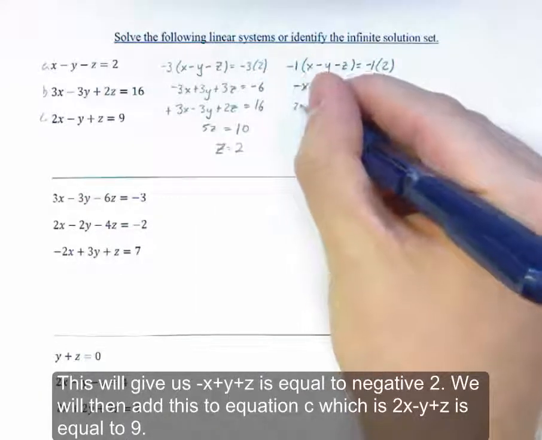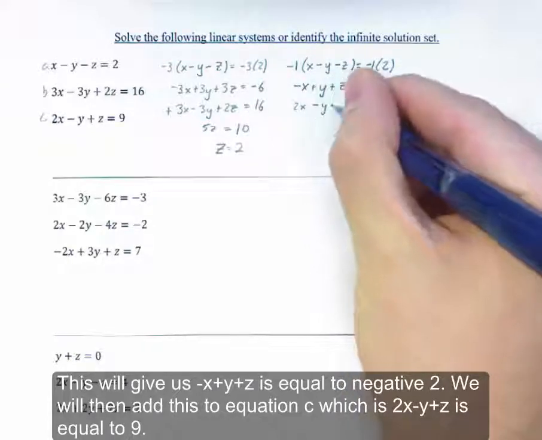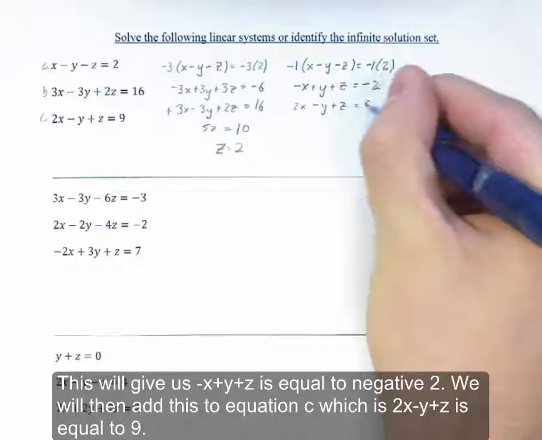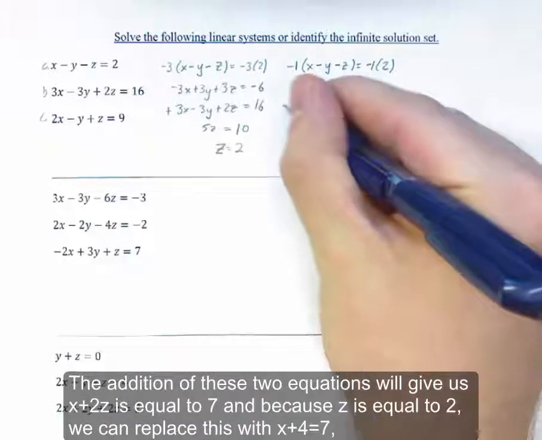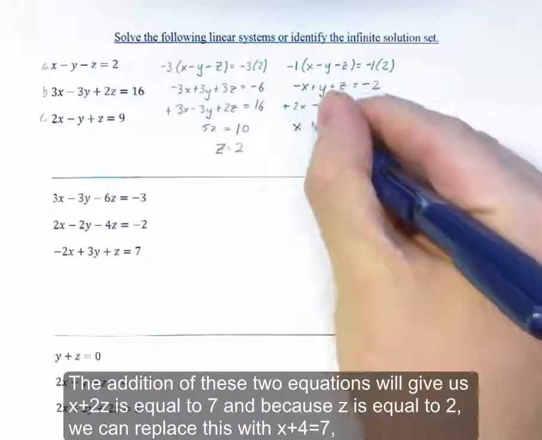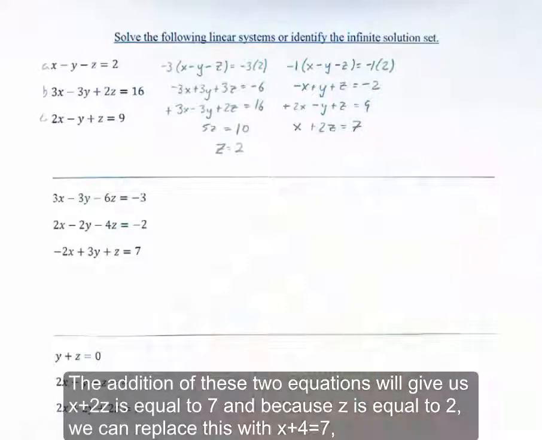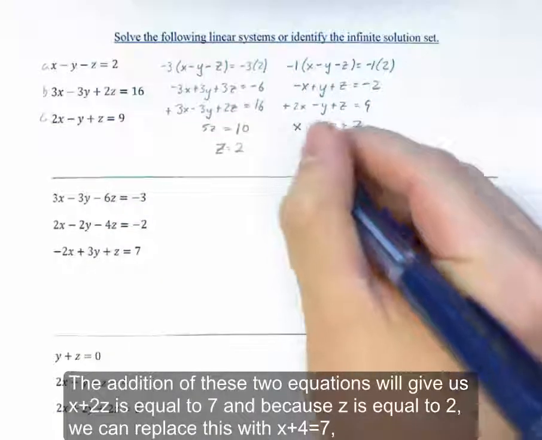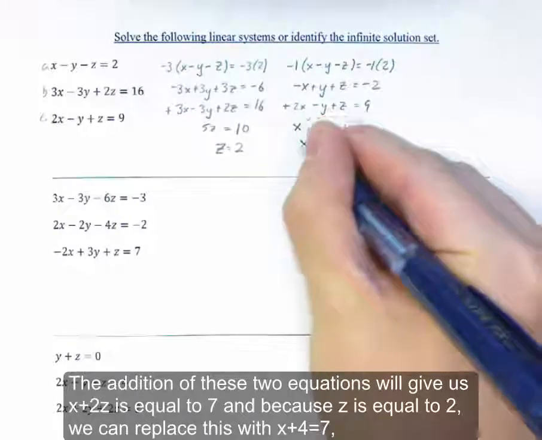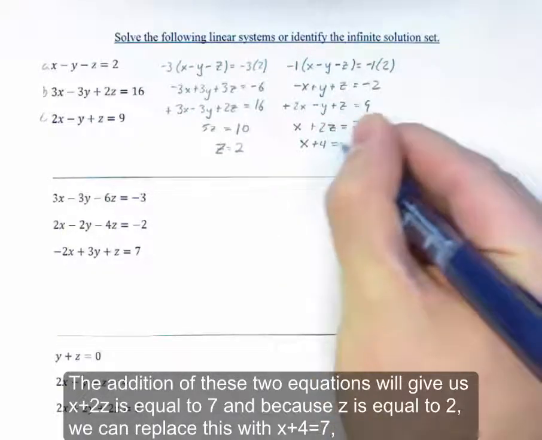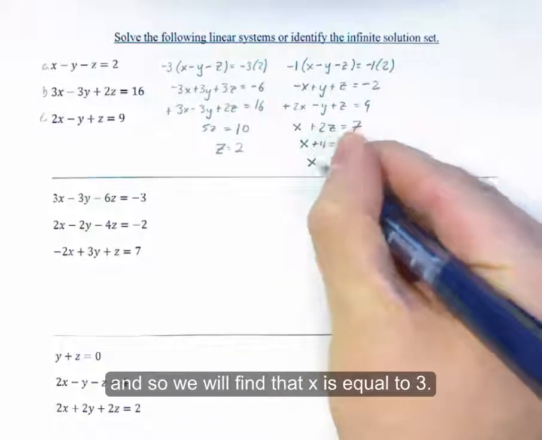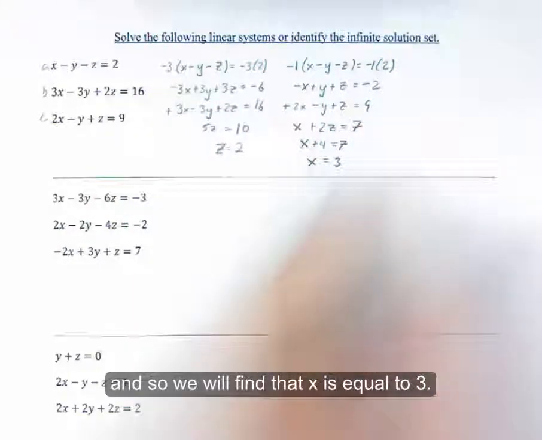We will then add this to equation C, which is 2x minus y plus z is equal to 9. The addition of these two equations will give us x plus 2z is equal to 7. And because z is equal to 2, we can replace this with x plus 4 equals 7, and so we will find that x is equal to 3.